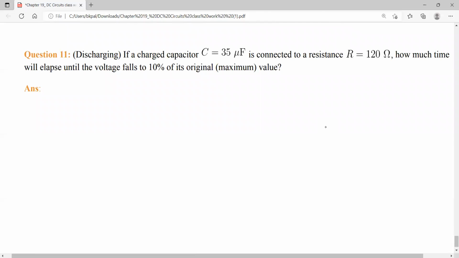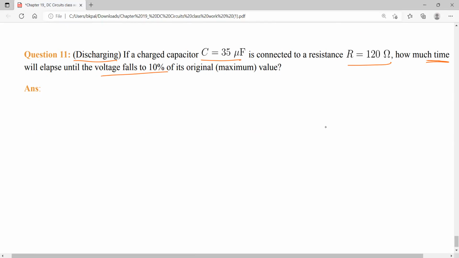The last problem is about discharging. Again it is an RC circuit. The capacitor is this one, the resistor is this one, and it tells us to determine the time when the voltage falls to 10% of its original or maximum value, right?